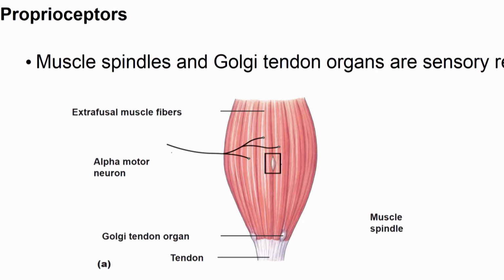Okay. Here in this slide, I want you to be now familiar with all the terminologies used. Extrafusal muscle fibers, right? Alpha motor neuron is the motor neuron coming from the spinal cord. So, essentially let me go back.